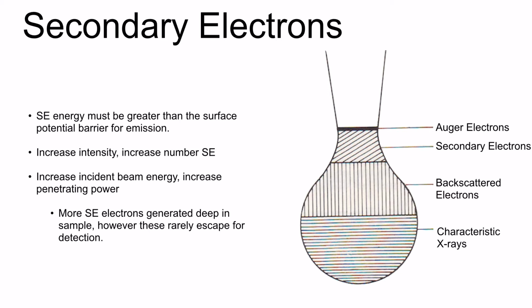Increasing the energy of the electron beam has the effect of increasing the penetrating power, which causes excitation of secondary electrons deeper within the sample. These, however, are usually not observed, as the free mean path is too short to allow them to escape the sample, and in practice, only secondary electrons from within 5 to 10 nanometers are observed.